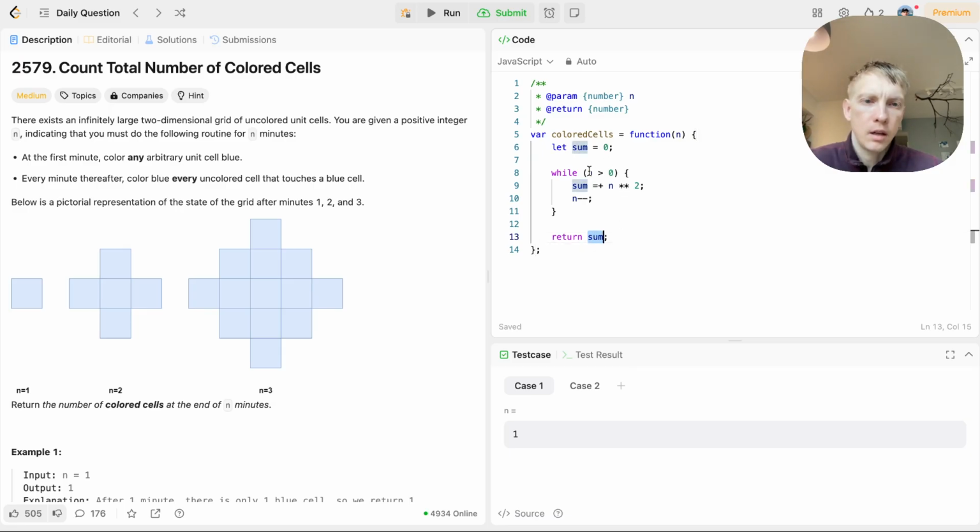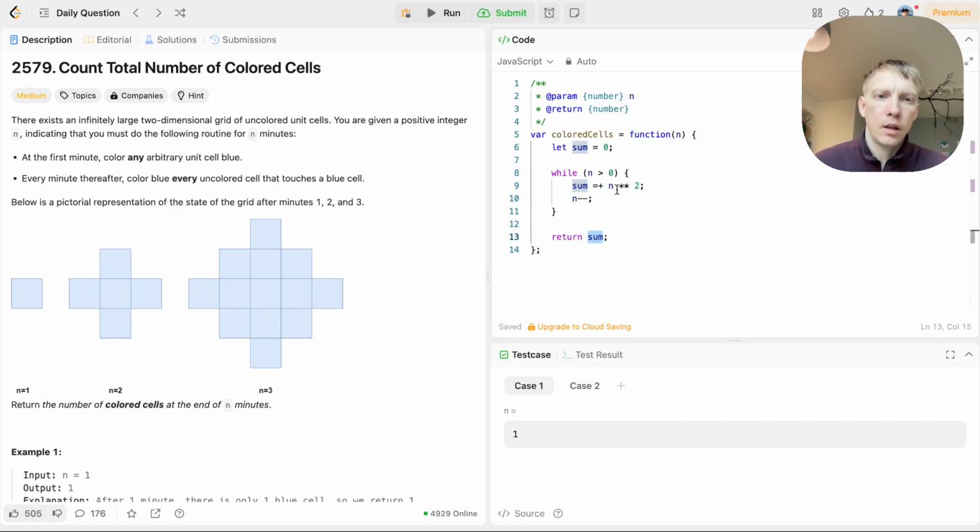If n is equal to 2, then we have 1, then we have 2. 2 squared is 4, plus the next iteration of the loop, 1, then we will have 5.